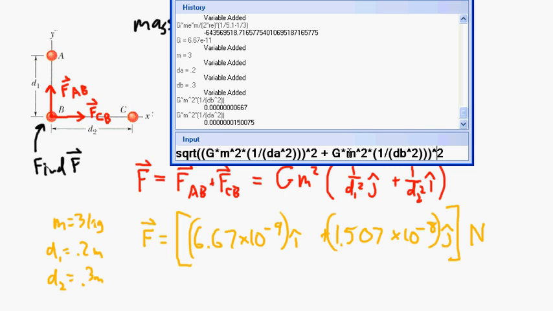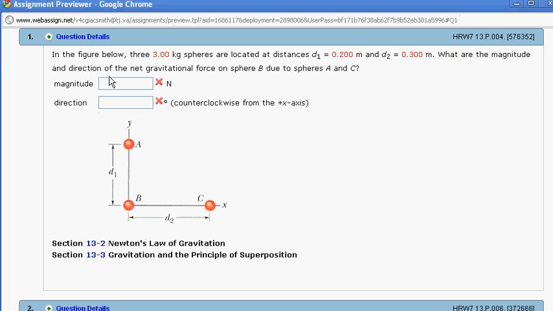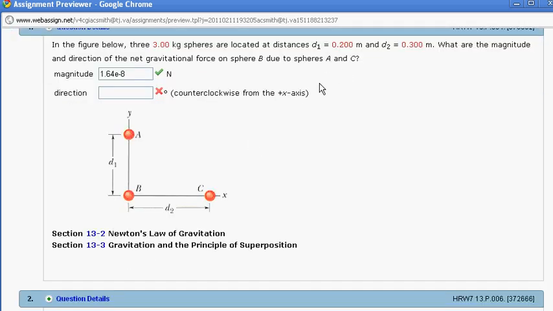Yeah, okay, got it. And then this should close it out, and that should give us 1.64 e minus 8 as our magnitude. Let me make sure I got that right. E minus 8. Yes.